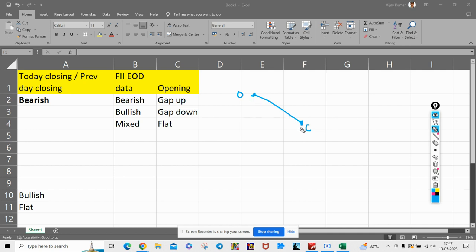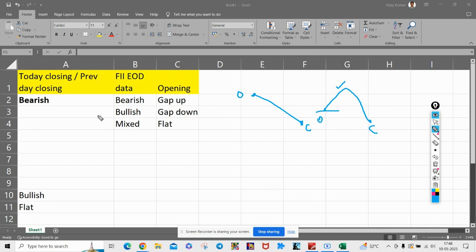Ultimately, the closing should be lower than the opening. This is one simple way to conclude that the closing is bearish or bullish. If the market opens here, goes up, and closes down, since it closed below the opening, this is also a bearish scenario, right? In fact, this is what happened yesterday.